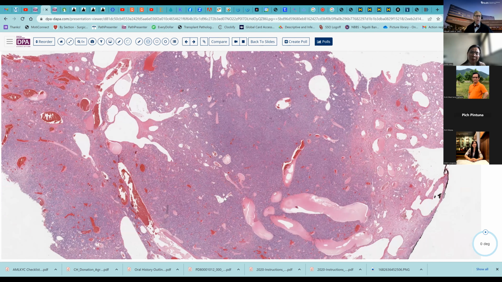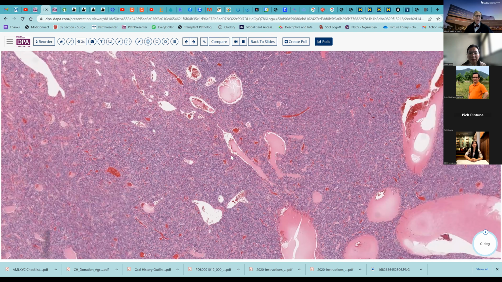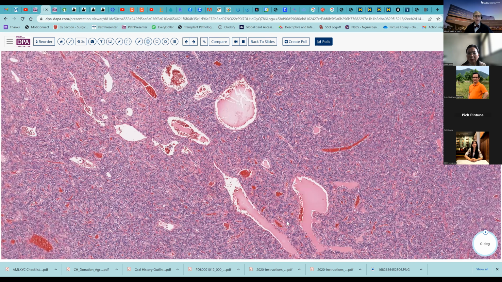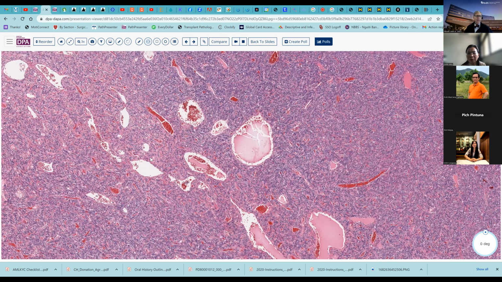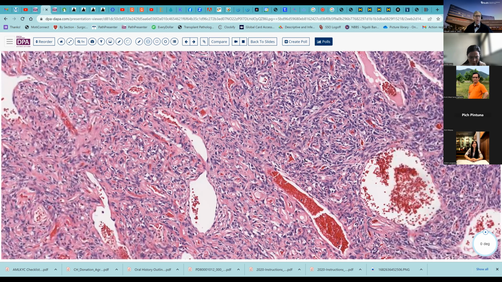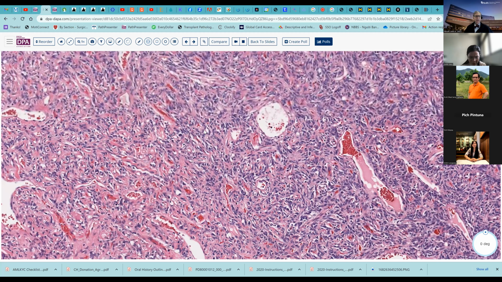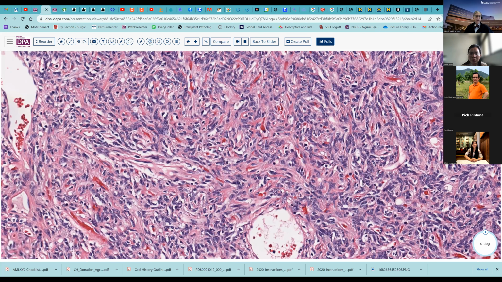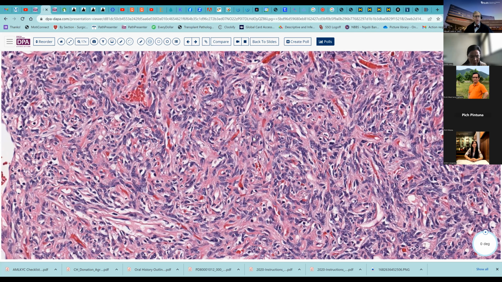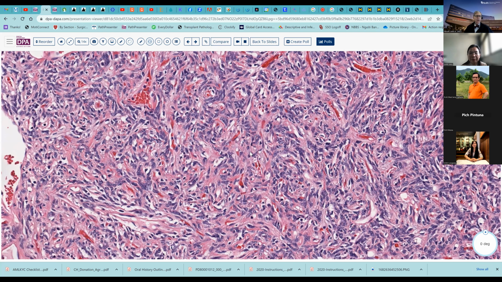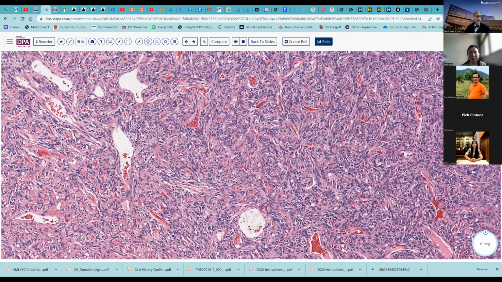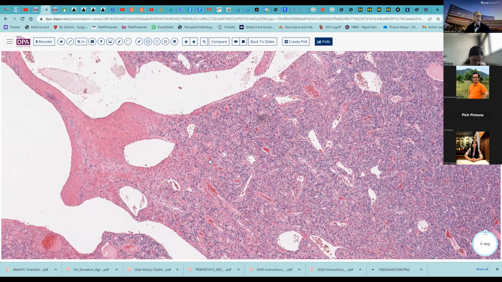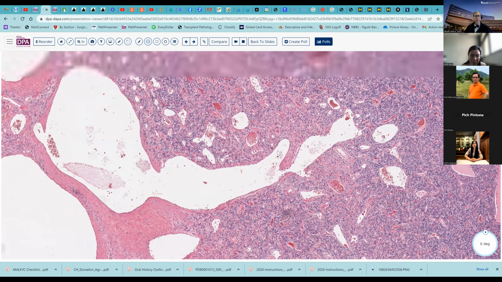So this illustrates one of the morphologies, which is what was once called a hemangiopericytoma pattern, where you have dilated staghorn vessels and this very thin endothelium and peripheral spindle-shaped cells with varying degrees of mild to moderate atypia, and usually not very much in the way of mitotic activity. But as you can see, very vascular, sometimes very widely dilated vessels in this particular pattern.